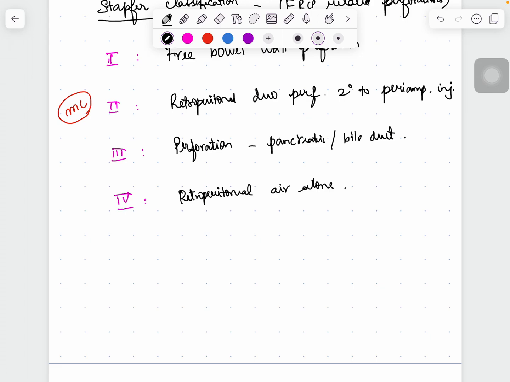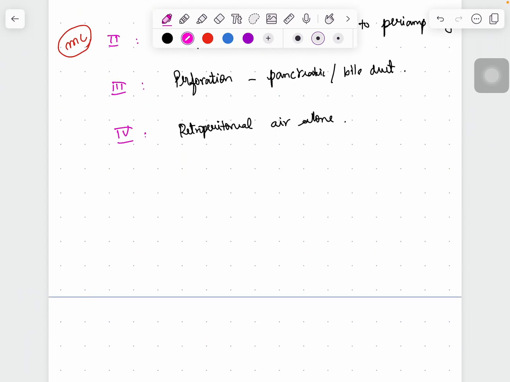Most of the time these patients are managed non-operatively, that is by conservative management and supportive therapy, but this has to be differentiated from a very important condition, ERCP induced pancreatitis, because both these conditions will have raised amylase. It's one of the important differential diagnoses which you have to keep in mind.